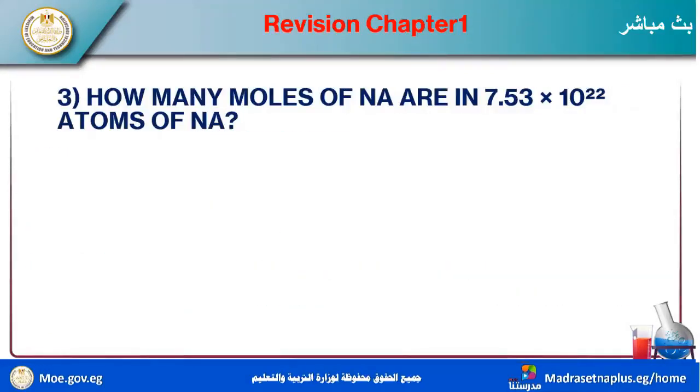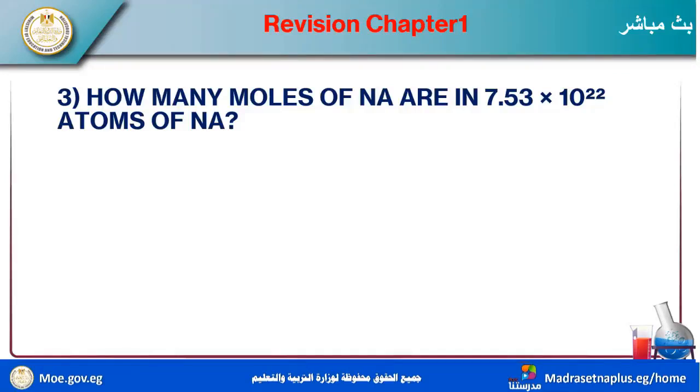Now, how many moles of Na are in 7.53 times 10 power 22 atoms? We will use Avogadro's number for solving this problem. This Na is 1 mole of atoms. You must divide this number by 6.02 times 10 power 23.